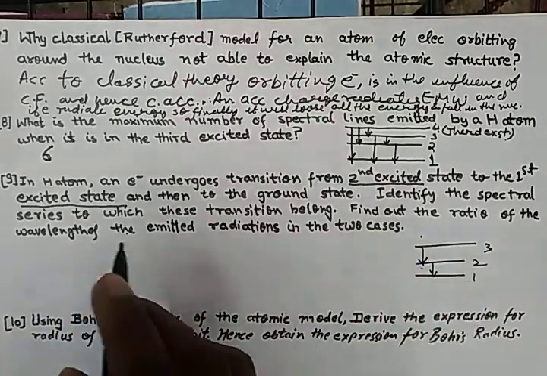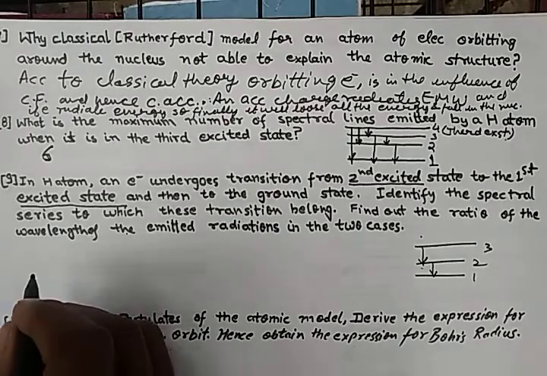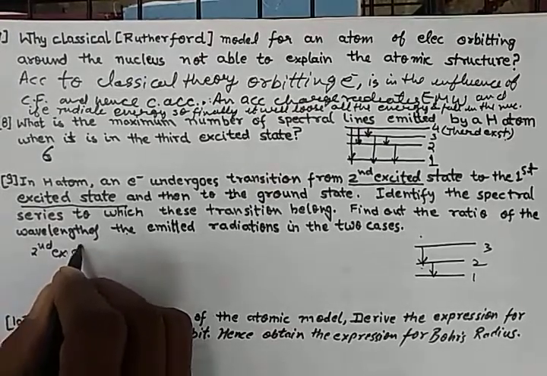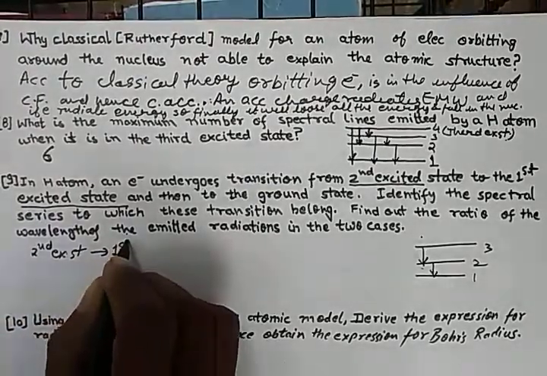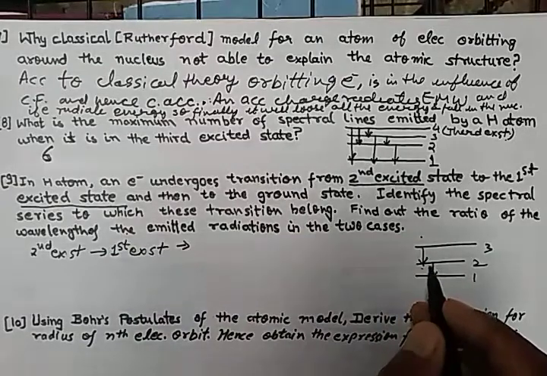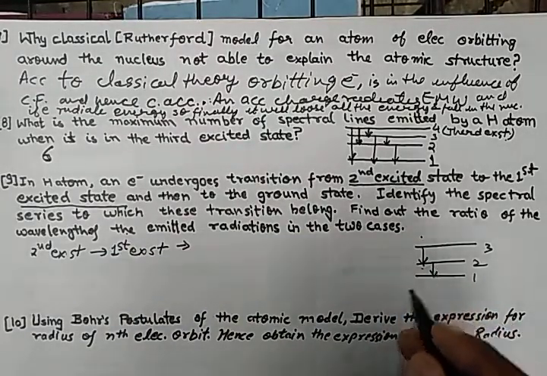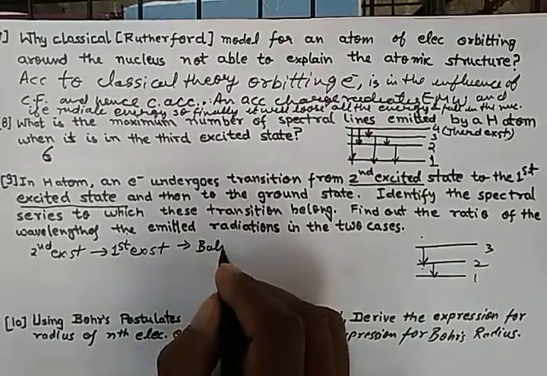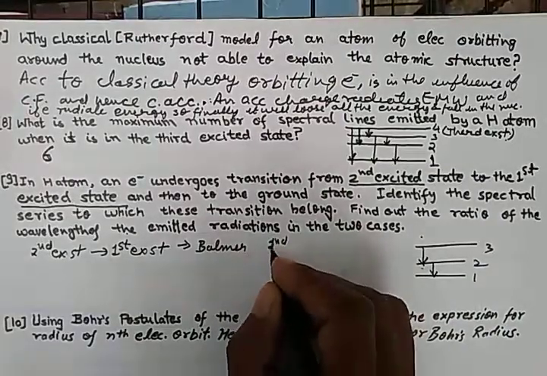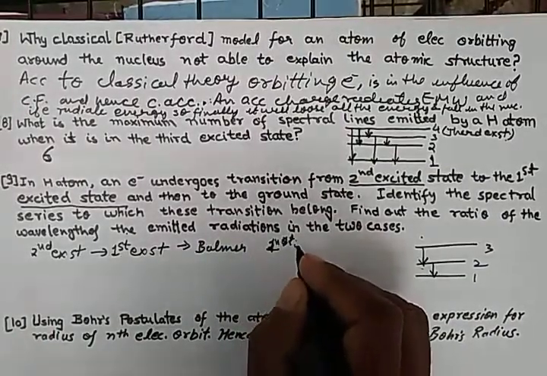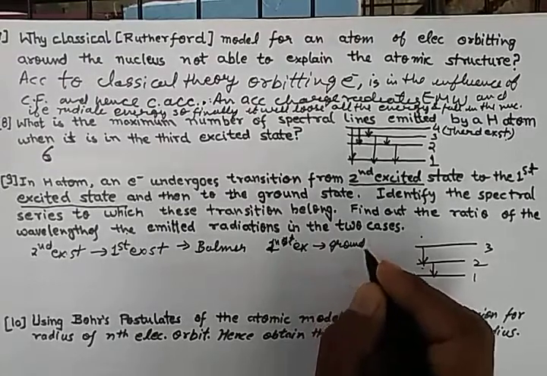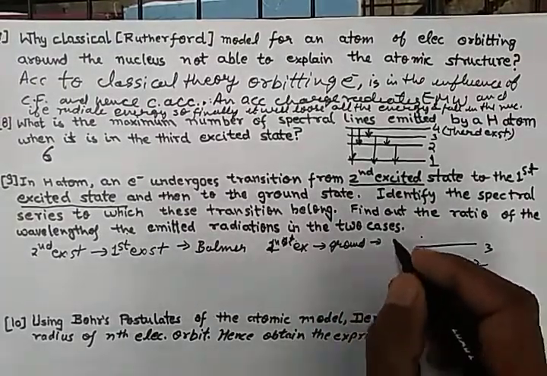So identify the spectral series. First transition, second excited state to first excited state, because it has returned to the second energy level, this belongs to Balmer. And the other one, first excited state to ground state, means to the first energy level, this will be Lyman.